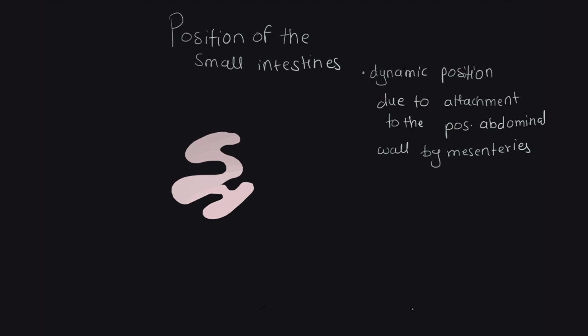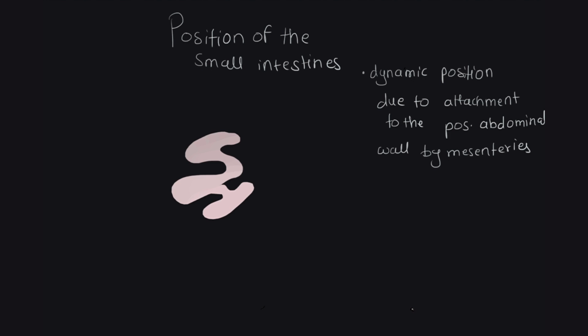It is important to know that this structure is highly mobile, which means there's not a specific fixed position and relation like we know in other organs. Other organs more or less stay wherever they are.